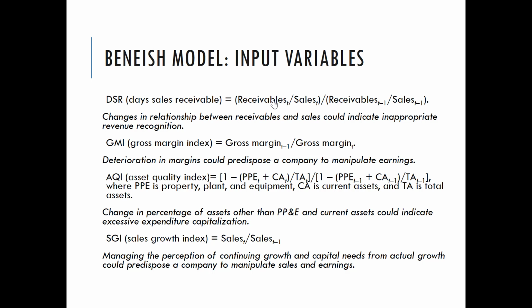We have some other things like the gross margin index. And the gross margin index basically just looks at your gross margin to see how it has developed over time. And the idea here is that if you have a decrease in your gross margin, it doesn't mean something is bad, it just means that you might be inclined to try to manipulate sales or manipulate any accounts. Because if you have problems with profitability, you generally come under scrutiny.